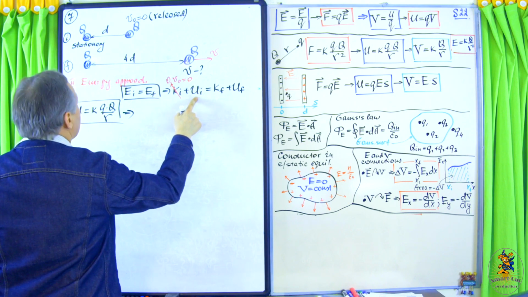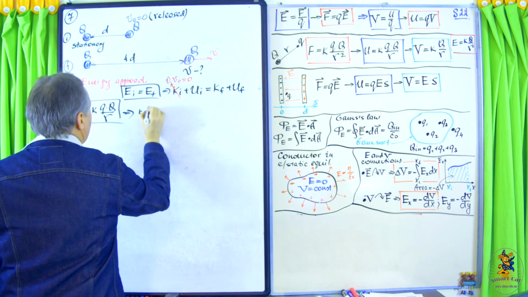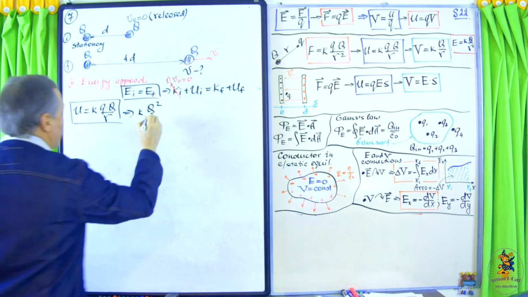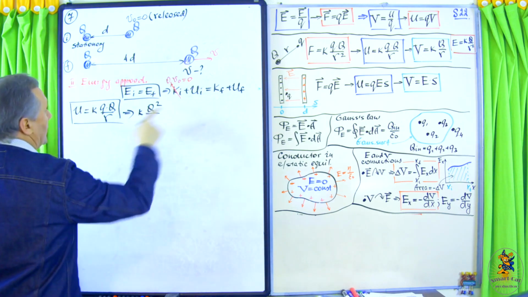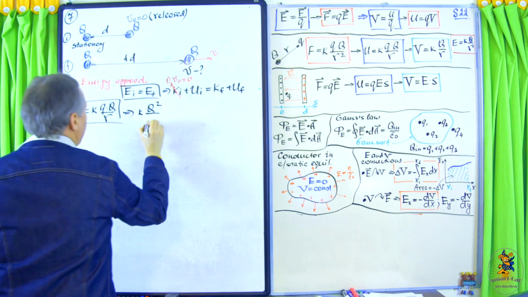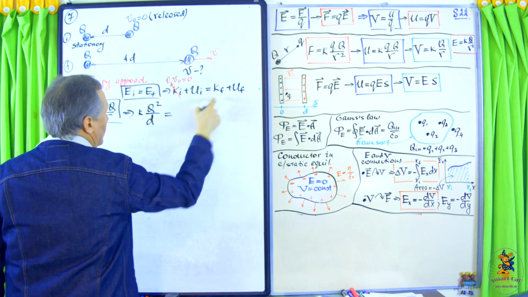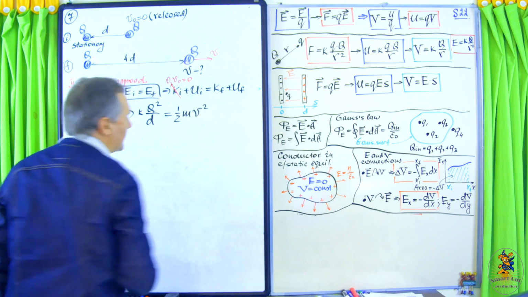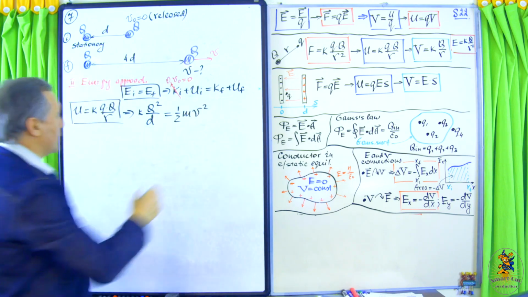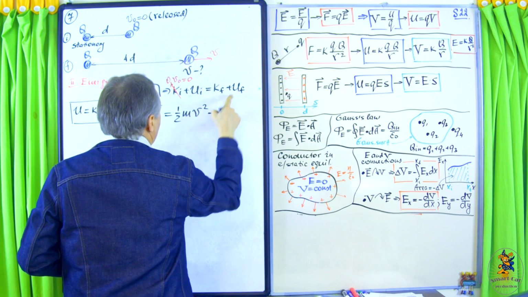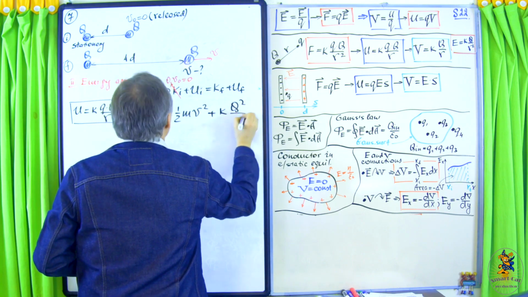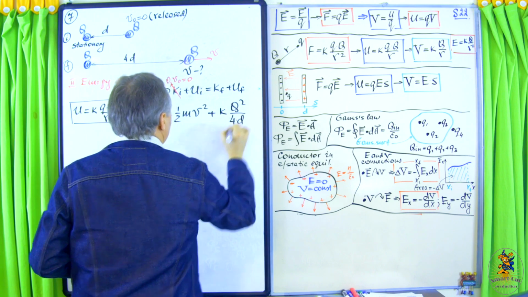So this is k Q capital squared. Again, I said charges are the same. And initial distance d, then equals to final, it's 1 over 2 mv squared. And then, of course, potential energy at the final moment of time, k, again, Q squared divided by 4 times d.